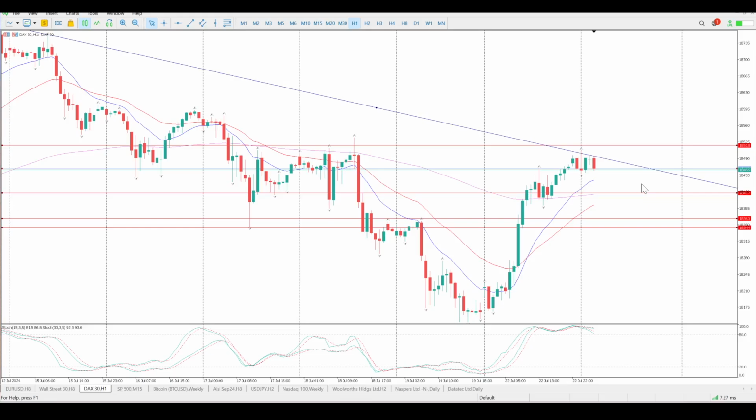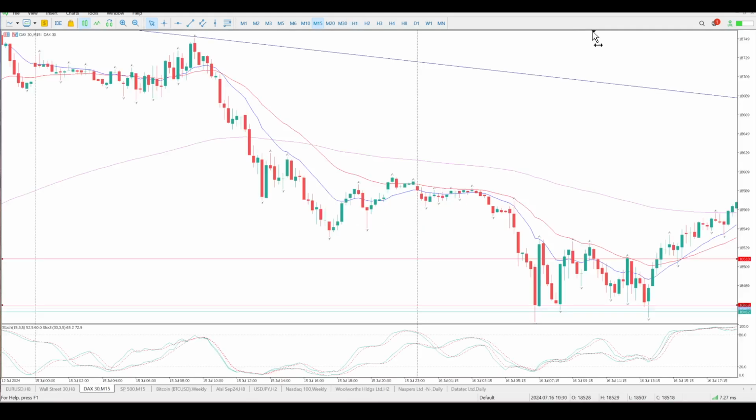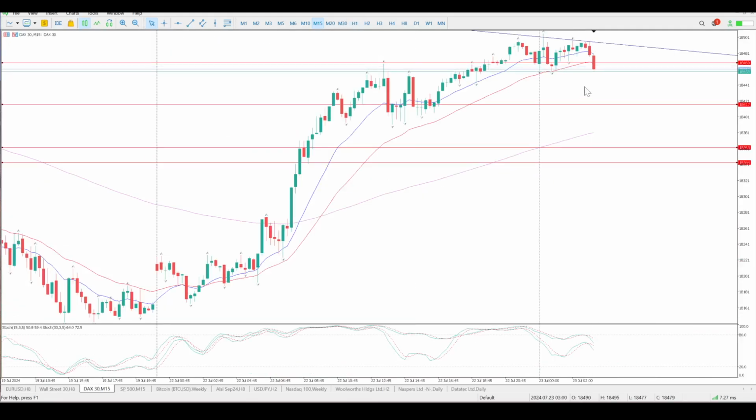And then if we do get some kind of a surprise or some kind of a positive vibe coming out of anywhere, then it's going to be a break of that triangle, pull back, form a range, and then we'll have a second move up from here. But I think for now we're probably looking at a bit of sideways price action today.